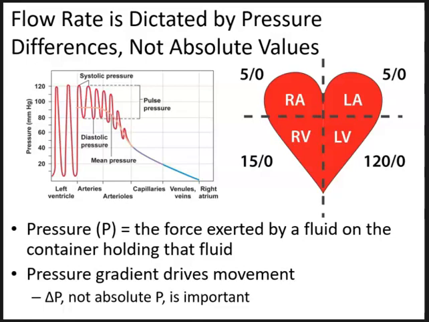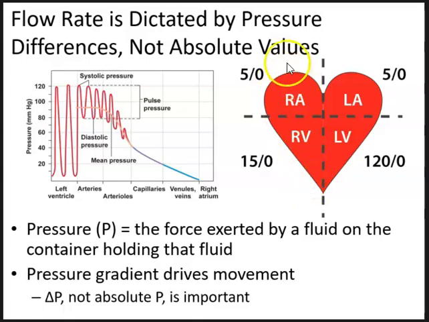So we looked at pressure differences in the different chambers of the heart, and we know that flow of blood goes from an area of high pressure to low pressure. So for example, during systole, we know that the right atrial pressure is 5.